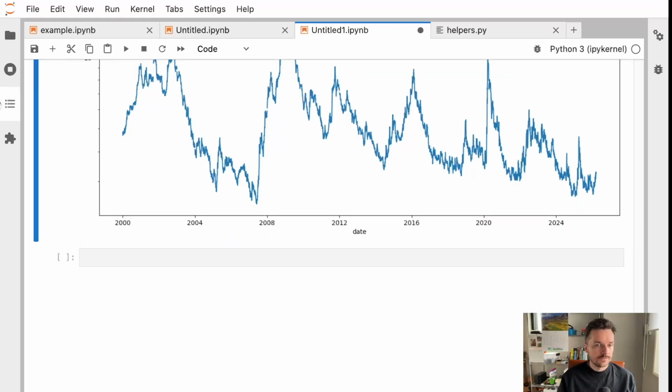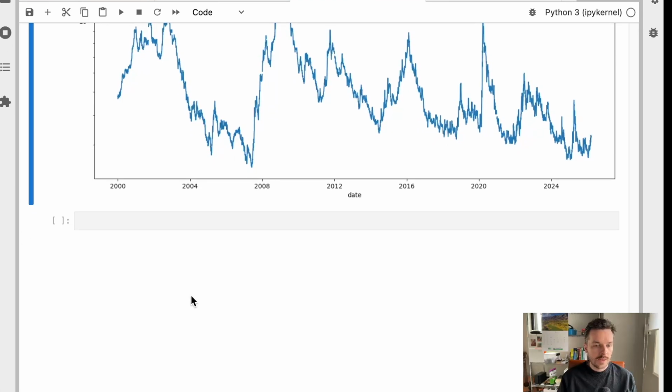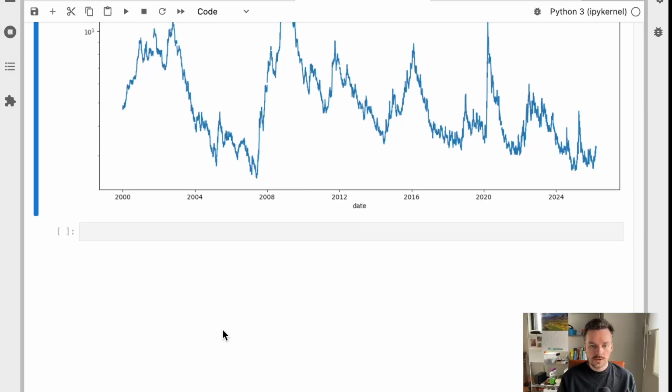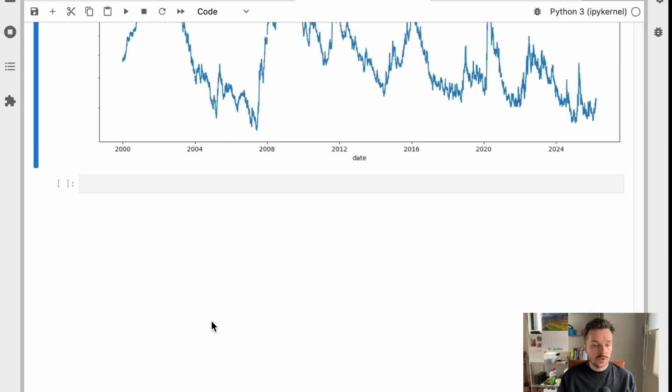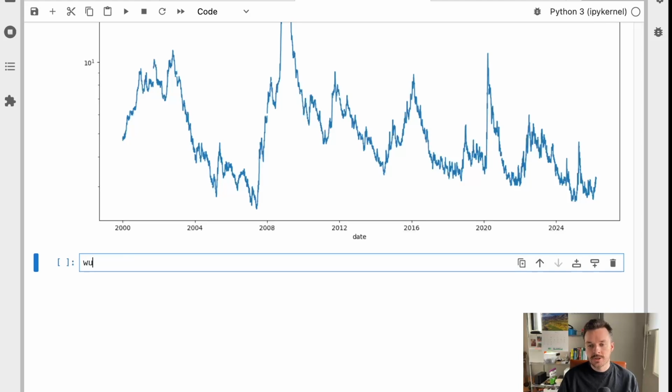I'll just move this down here so you can see a little bit better. Another thing that's good to do is to look at rates of change. These are just absolute values, but really what we want is a rate of change. So for example, let's look at how it changes over a 30-day period. So 1 month.